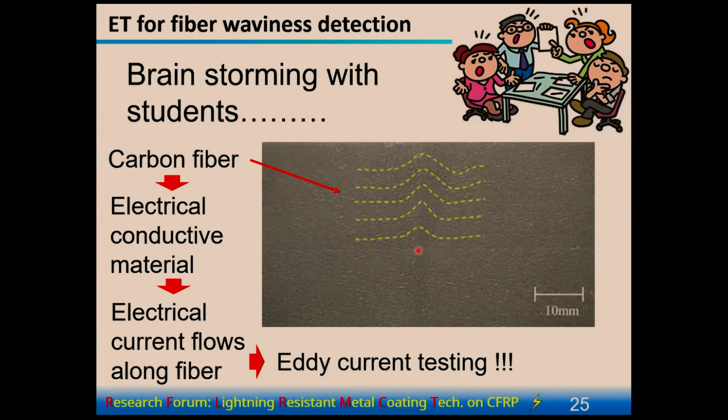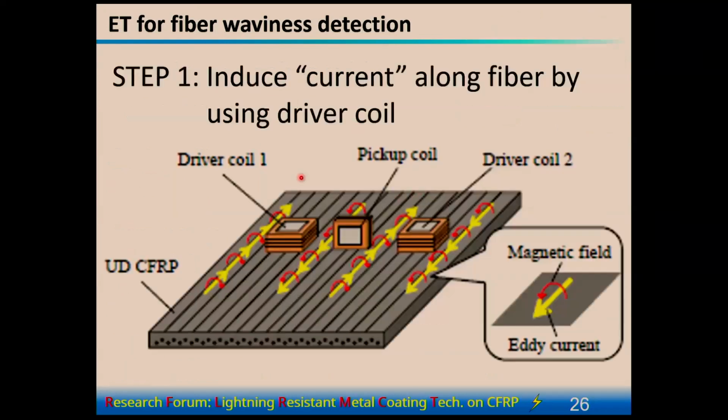So if we can visualize current flow, then we can detect this kind of waviness. So we made a special eddy current testing system, manually made by students, and put the driver coils here. These two driver coils are used to induce eddy current, and this one is for pickup.